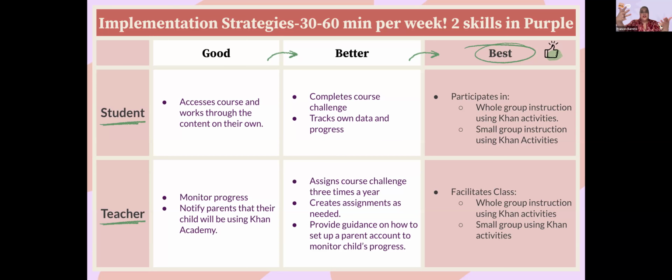Assign the course because you want the students to work through the content of that course throughout the school year. Or in addition to a course mastery goal, you also could set unit goals that align to your scope and sequence. You want to always encourage students to track their progress and to understand what they're working towards.